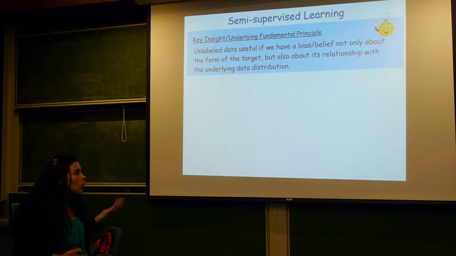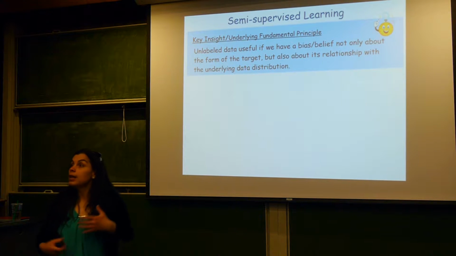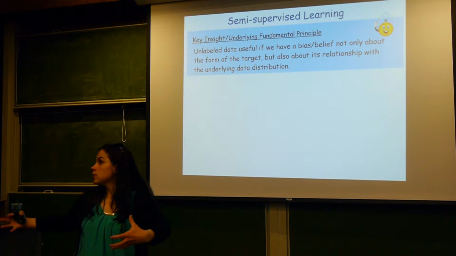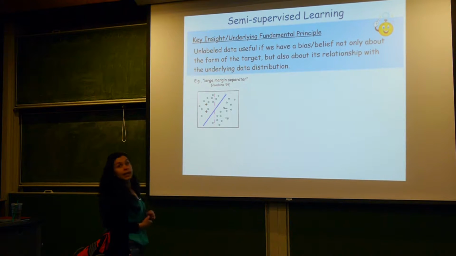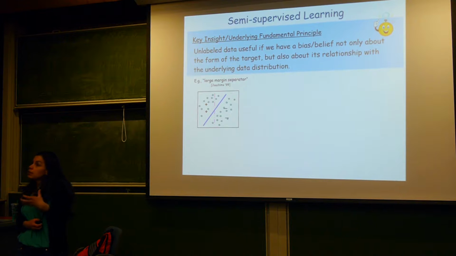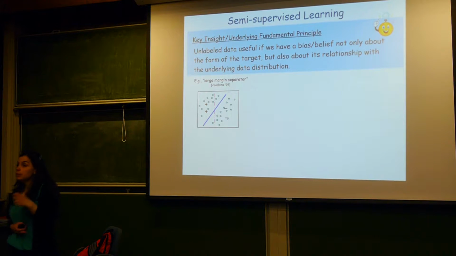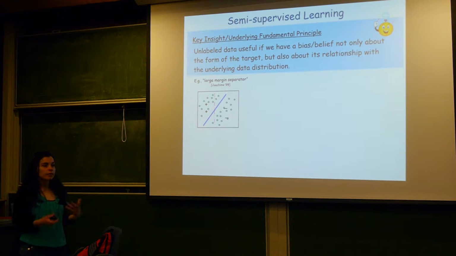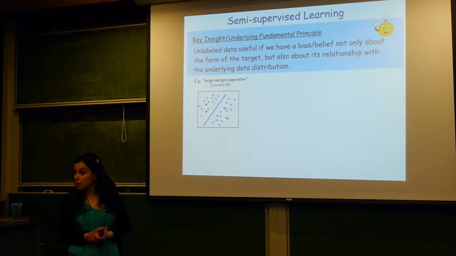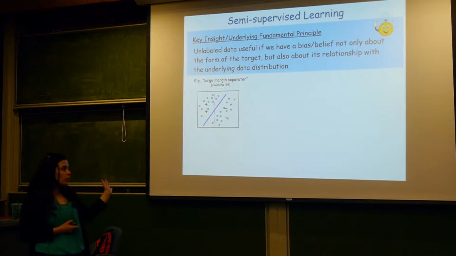That's the moment when unlabeled data can become helpful in very substantial ways. And we discussed three very different types of semi-supervised learning techniques that people have looked at, based on very different assumptions about how the target function would relate to the underlying data distribution.